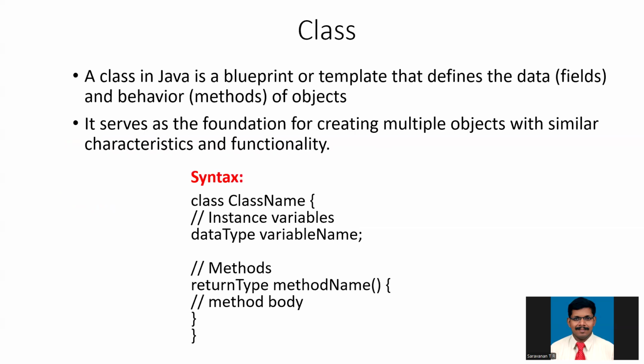Now, this is a class. A class is a blueprint or template that defines the data and methods. Here, this is called the variable and this is the function. A function is referred to as a method in Java. Now, an object is going to access the methods inside the class.